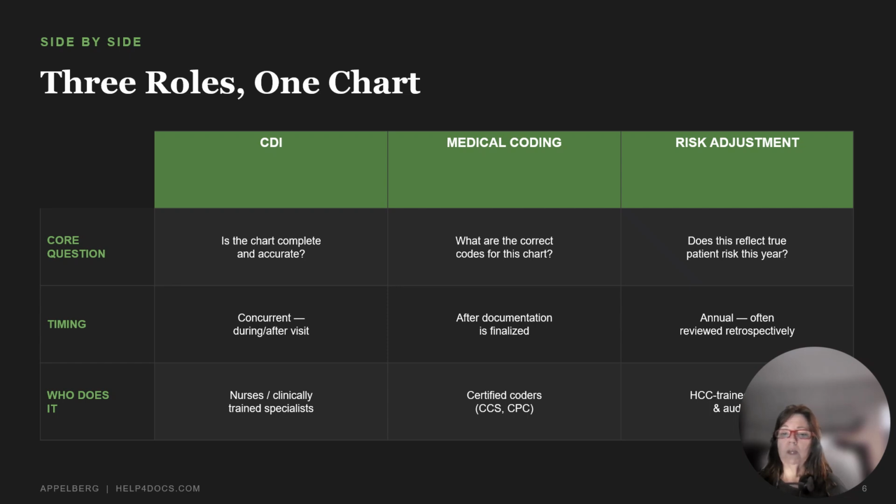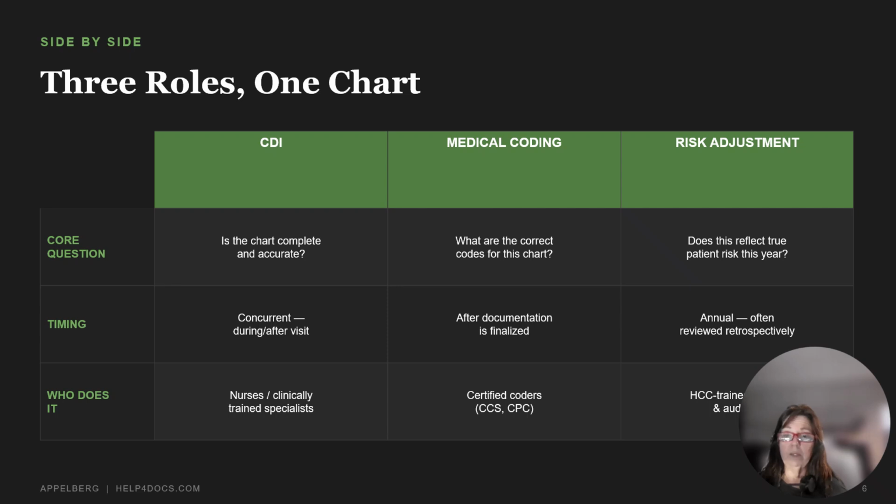Risk adjustment is asking, do this patient's codes accurately reflect their overall health risk for this year? Commonly, the way it's done now is risk adjustment coders are prepping charts and finding suspects and finding codes from previous diagnoses that have not yet been captured for the current year because it resets every year.